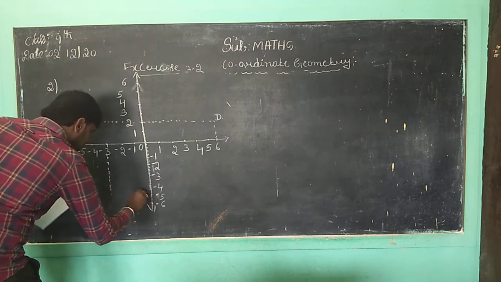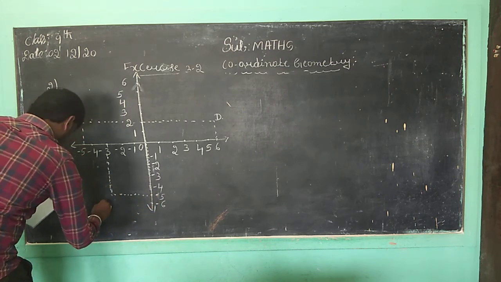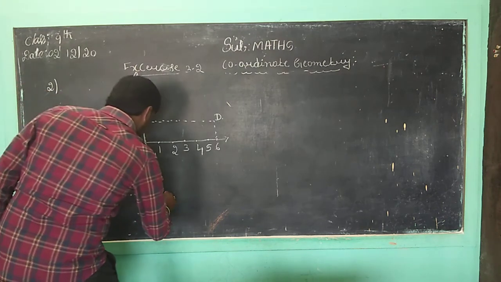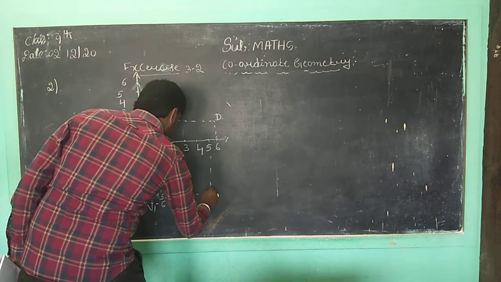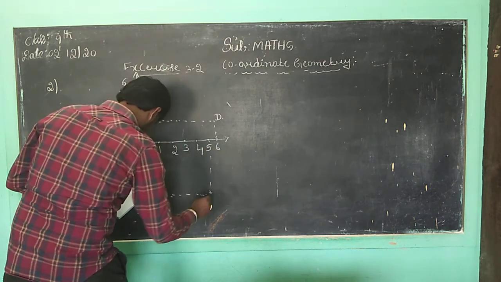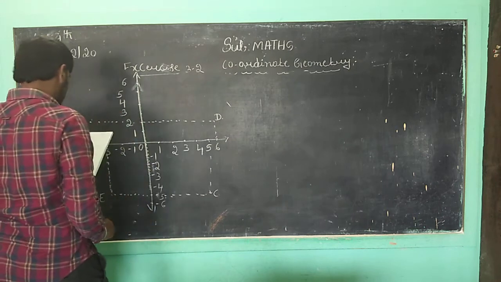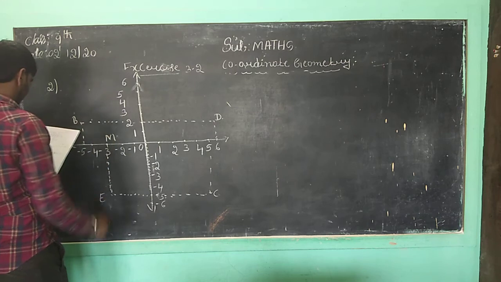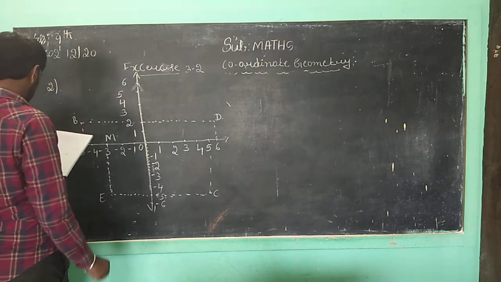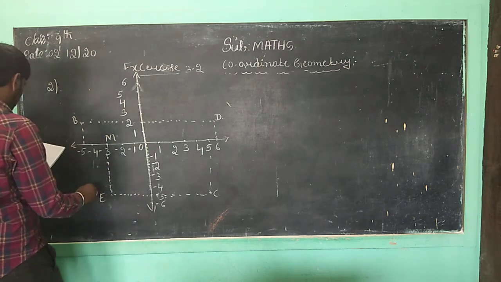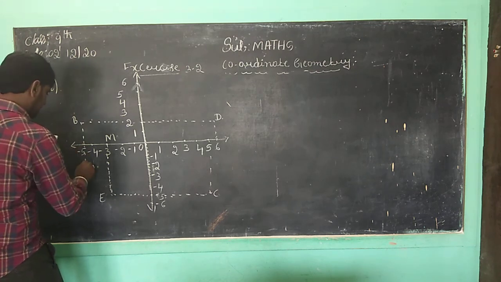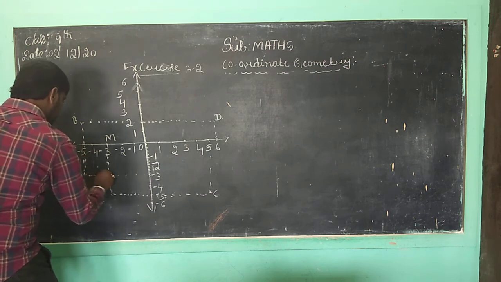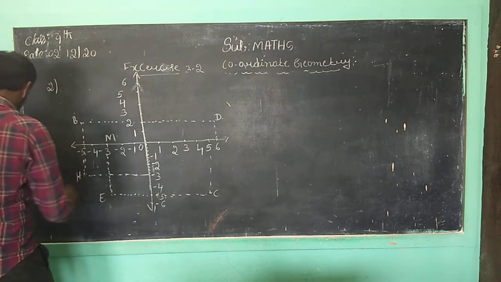This is E. Next you want to take this one also. What is this one, children? This is C. Correct, children? Next, you want to represent this as M. And there is another one, that is also H.